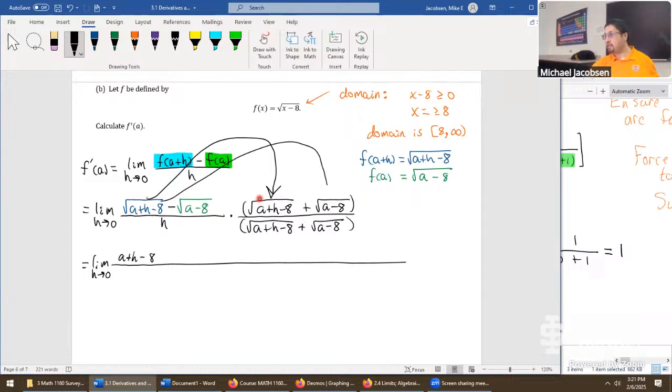Next multiplication, here way out to here, it looks kind of abstract, but it's just literally that root in blue multiplying by that root in black. I'll just put them together and write plus root a plus h minus 8 times root a minus 8. We could put them together, but I think it's better to just leave them in this factored form, multiplied like that, because they're just going to cancel anyways. No worries doing more algebra on it.